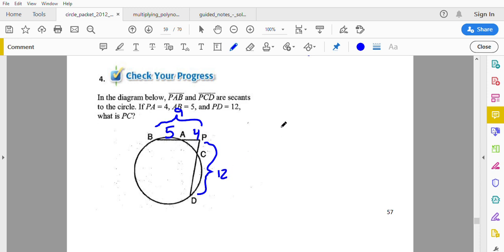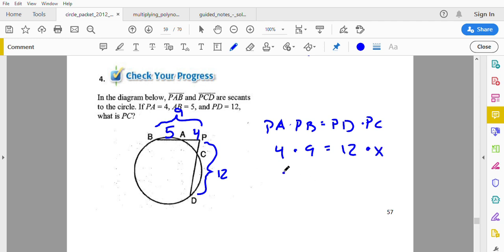So what are we going to say? PA times PB is equal to PD times PC. So PA is 4, PB is 9, PD is 12, and PC is x, is what we're trying to find out.